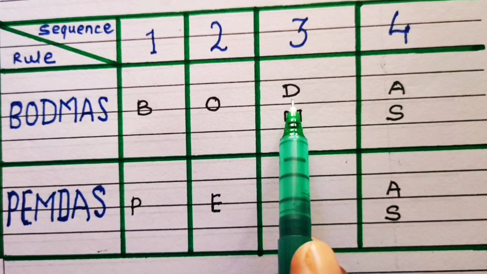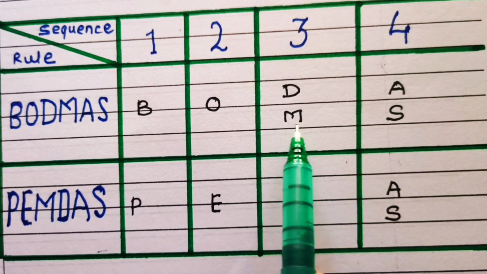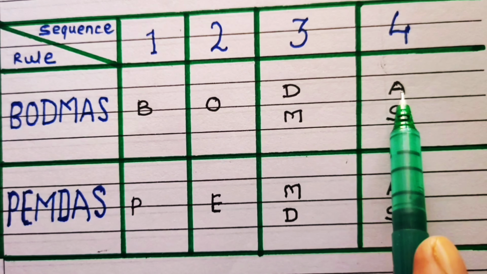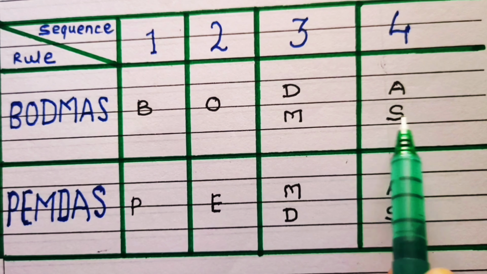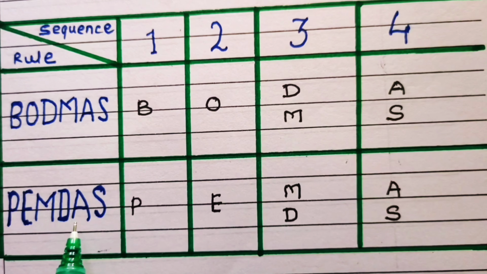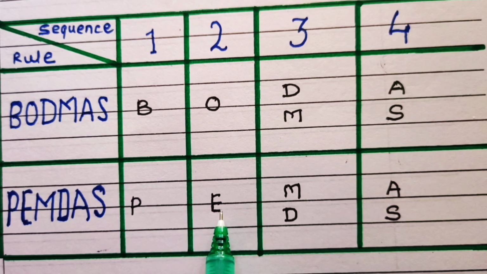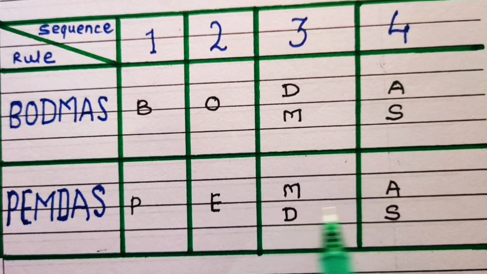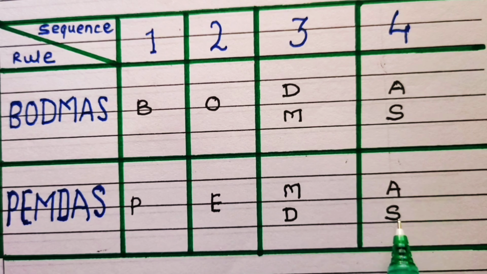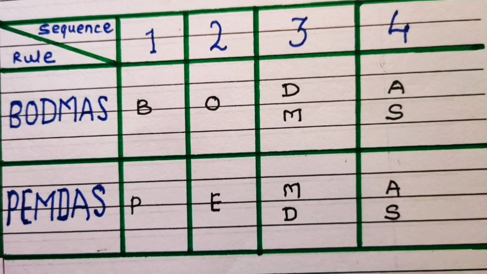Then D stands for division, M for multiplication, A for addition, and S for subtraction. In the PEMDAS rule, P stands for parenthesis, E for exponents, M for multiplication, D for division, A for addition, and S for subtraction.